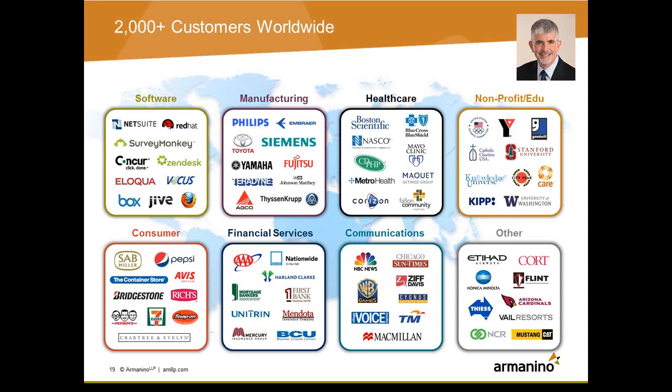Whether you're in software, which obviously a lot of the companies here in the Bay Area are, manufacturing, healthcare, nonprofits, consumer, financial services, communications, or other industries, we can integrate the businesses of Adaptive and do the planning and forecasting within any of those industries. We've really done it all. So, tremendous flexibility and capabilities to work with many different industries.